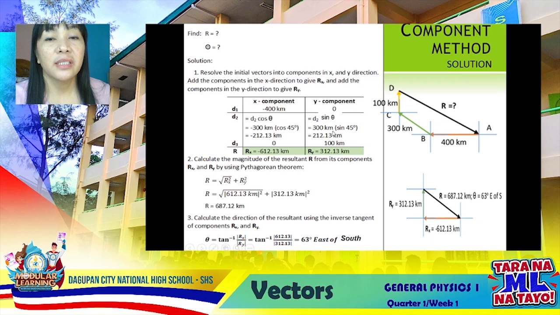Now for the R sub y along the y-axis, you have 0 plus 212.13 kilometers plus 100 kilometers. The R sub y is 312.13 kilometers.